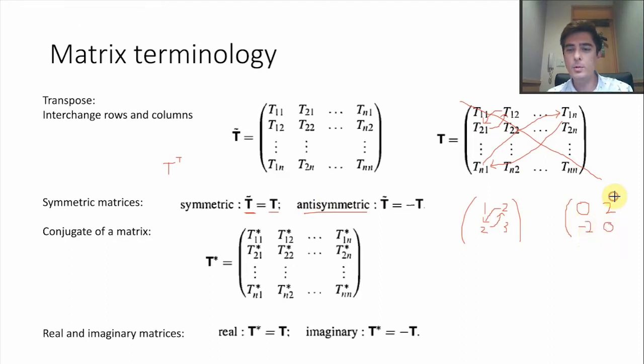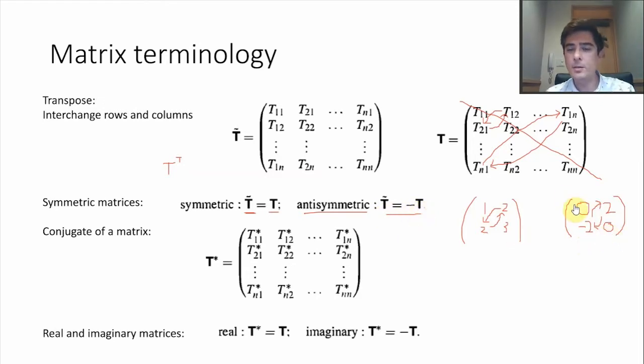If I take the transpose of this, then the 2 becomes a -2, and that -2 becomes a 2, and the diagonal elements are all 0, so that actually is the minus of the original matrix. So this would be an example of an antisymmetric matrix.